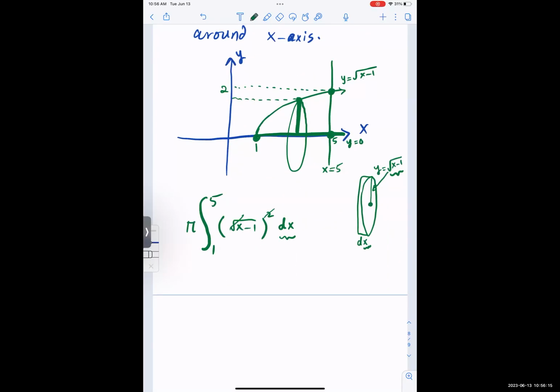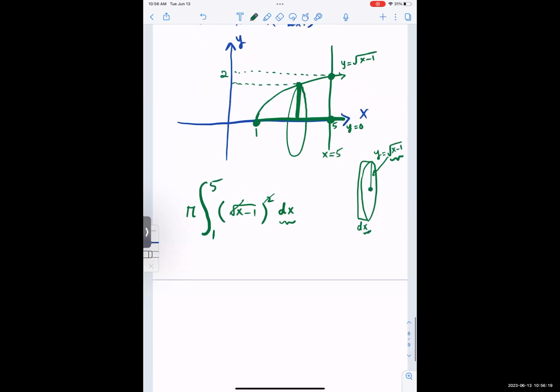Square root and square cancel. So that's the integral from 1 to 5 of x minus 1 dx times pi. So x squared over 2 minus x, times pi, from 1 to 5.